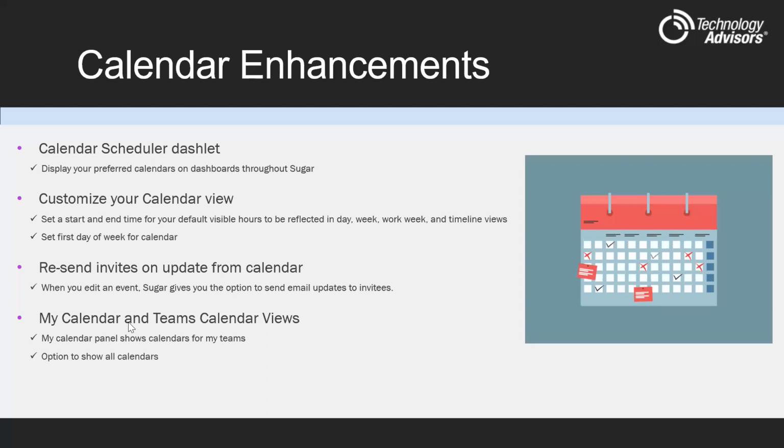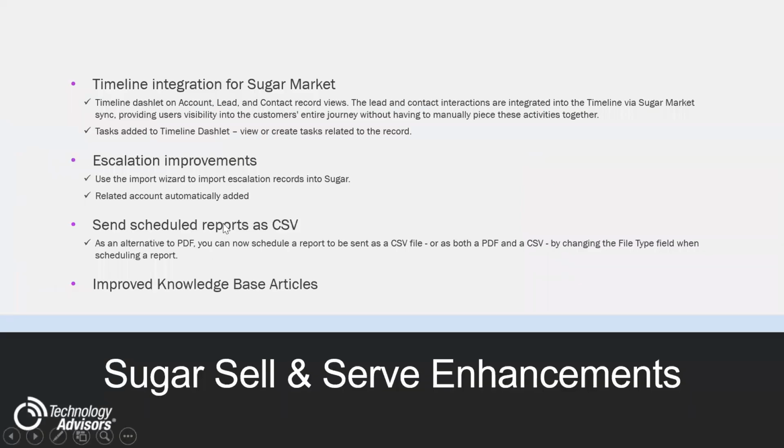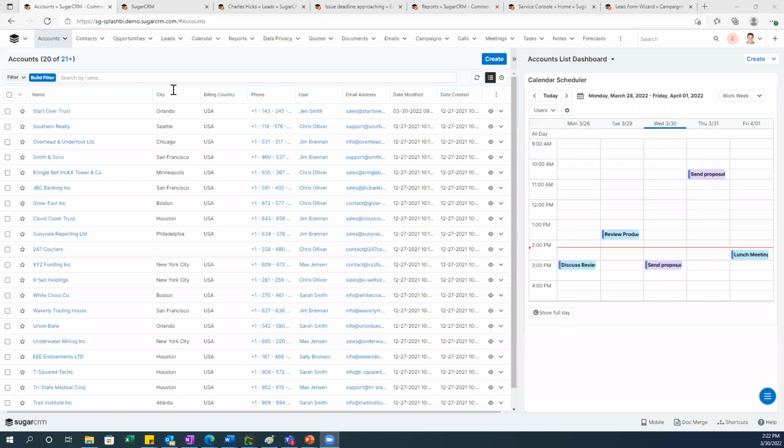You can view your calendars and also view the calendars for anyone on your team, so you can coordinate and schedule meetings based on their availability for anyone involved in that. So I'll hop over to Sugar to show you how these features are working. So here is the calendar scheduler dashlet.